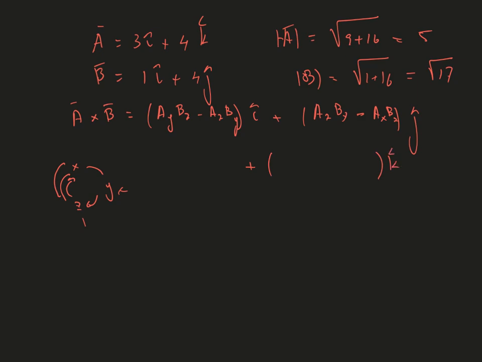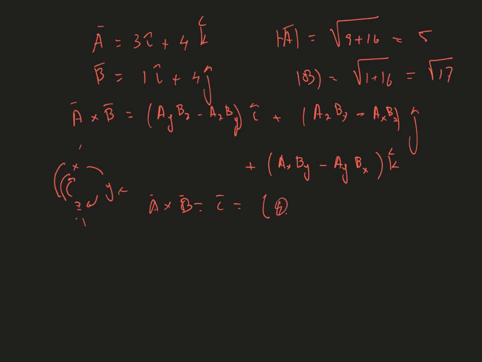And some component in the K direction. I'm in the K direction, Z, so I start with the X: AX BY minus AY BX. Correct? So now let me think if I did it correctly. A cross B will be a vector C, and the vector C will be AY BZ, AZ BY.